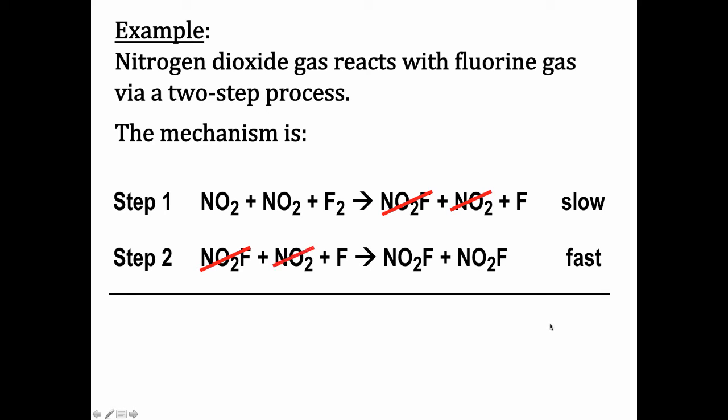Same thing for the NO2, and then same thing for the F. And then what we have is NO2 plus NO2 plus F2, which is two NO2s and an F2, makes NO2F plus NO2F, which is two NO2Fs. And that's the overall reaction. That's going to be the general case: the reaction mechanism steps will add up to the overall reaction.